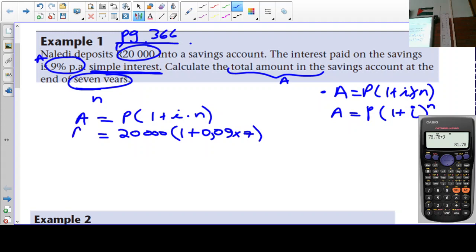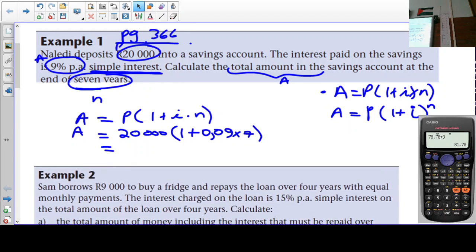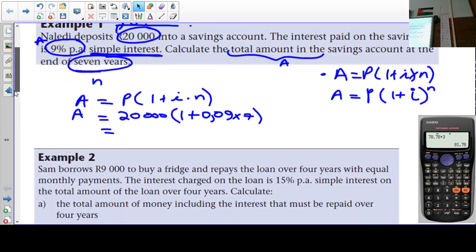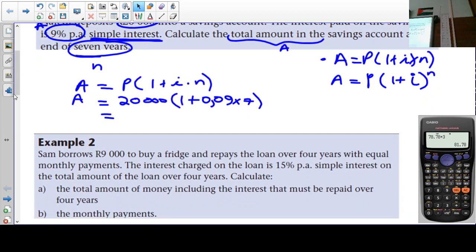Put that in the calculator. So we got 20,000, open brackets, 1 plus 0.09 times 7. It's going to give you 32,600.